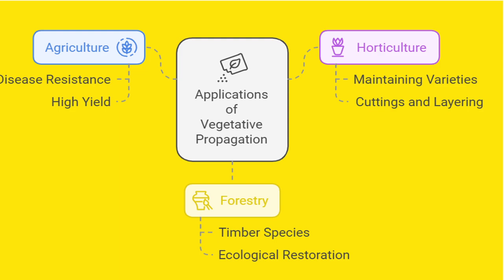After that, we see the applications of vegetative propagation, where it is applicable. First of all, horticulture. In horticulture, vegetative propagation is most important, because here we maintain the varieties. We use plant bodies for cutting and layering.